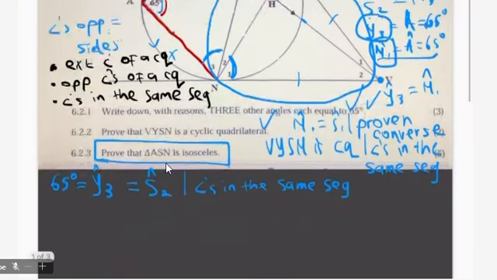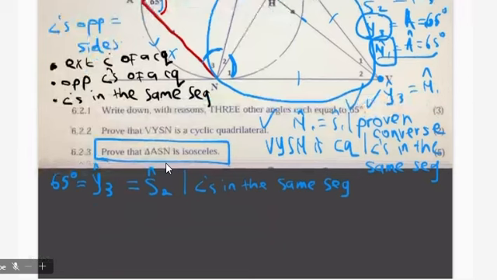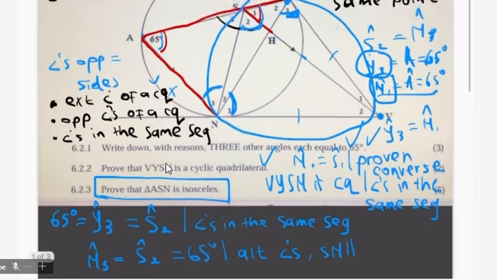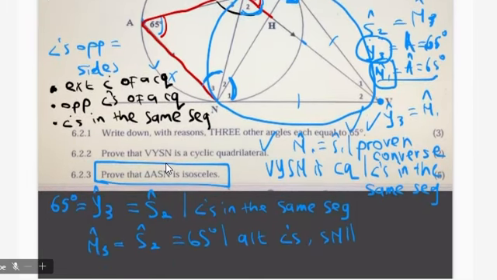Then another thing we say, N3 is equal to S2 because they are equal to 65 degrees because of alternating angles. Then you name your parallel lines that SV is parallel to AN. I'm sorry.